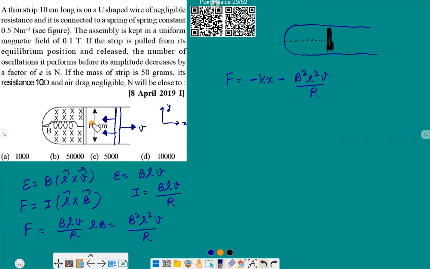Because both are opposite to the velocity; both are restoring forces. If I rewrite this equation, it will be minus kx minus b into velocity, and this is the equation of a damped harmonic oscillator.